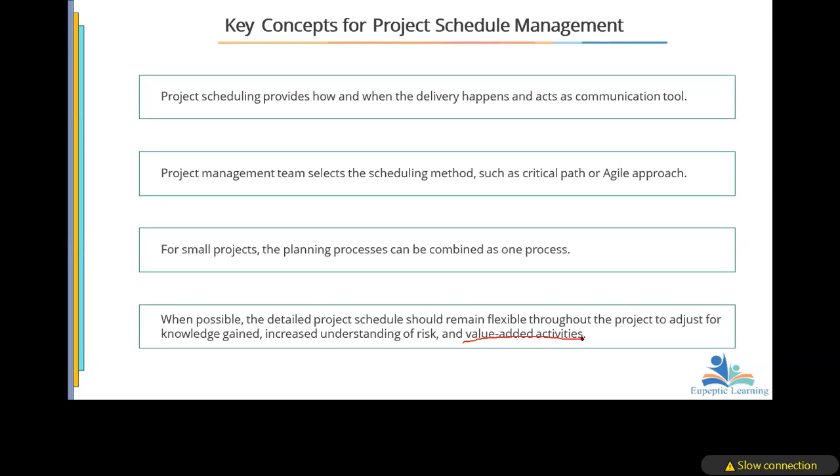So as we schedule and write certain activities down, in the process of the project, we can say that this particular thing is not so important. It will not add any value to the project, the product or the deliverable.